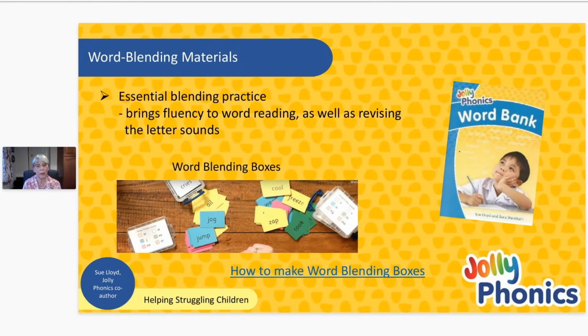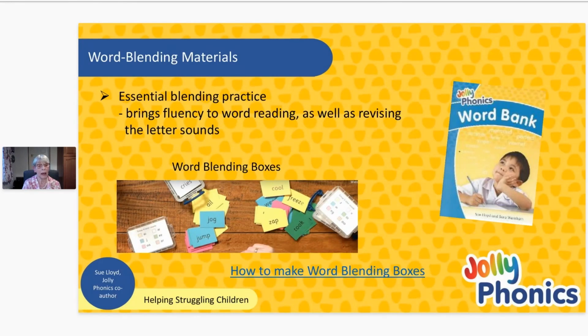But the great beauty is that you've got your box. If you want the box of words, you go to the group of the letter sounds, and then you see the color linked to the letter sound. You pick out that color with those words on, and then you've got words that can use those letter sounds. So useful.